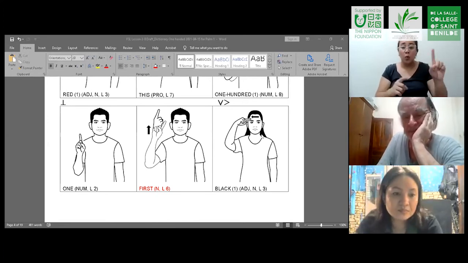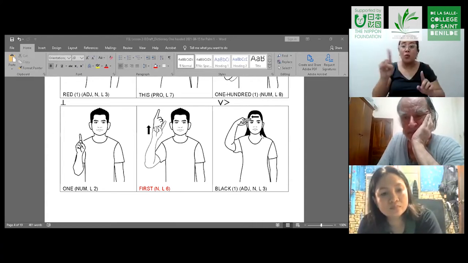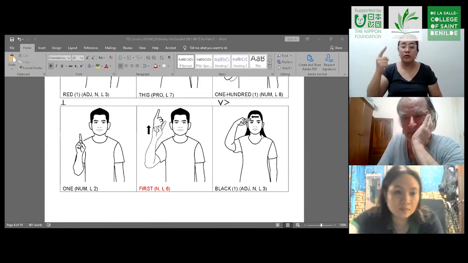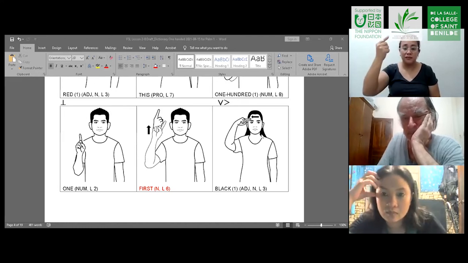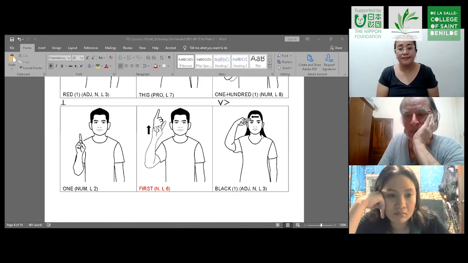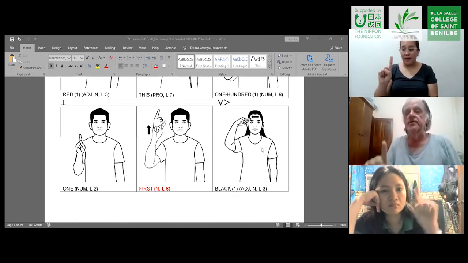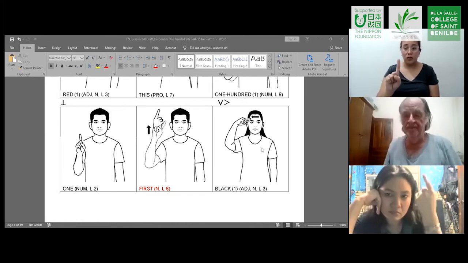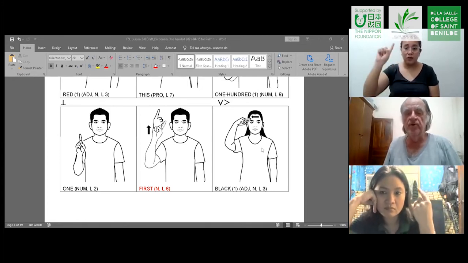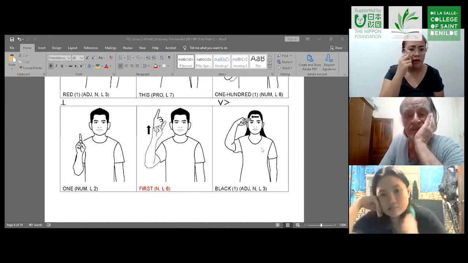What location? Is it 1 and first, or is it first and 1? Because first, on the chart, it looks like first starts in a higher position.